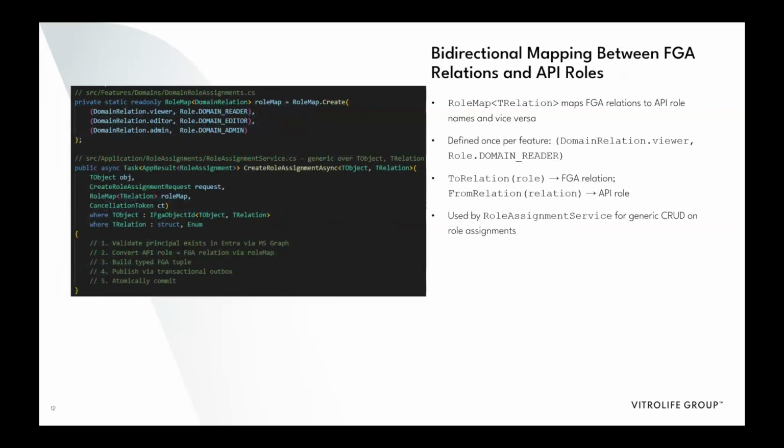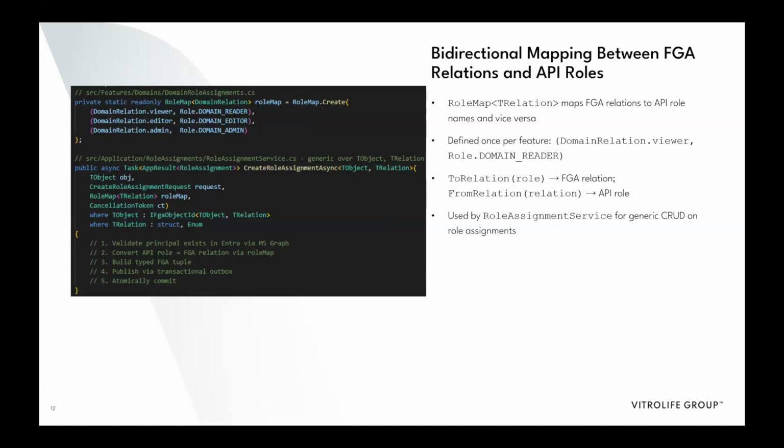And then, as I said before, we decided that we don't want the managers of the API to go into OpenFGA. They shouldn't actually know that it's OpenFGA. They should work with role assignments. And we figured out that we can, in a quite simple manner, convert between what we call a role assignment and an OpenFGA relation.